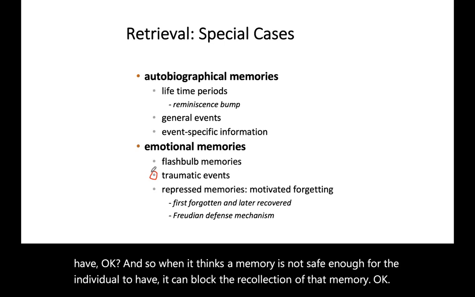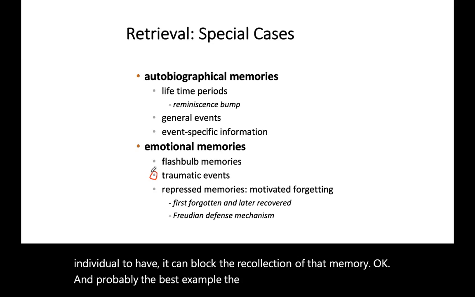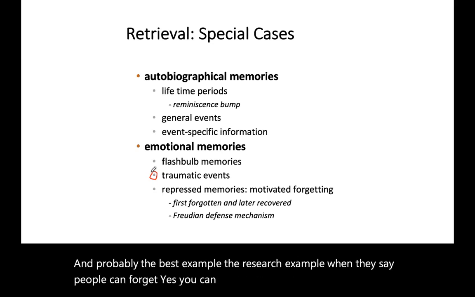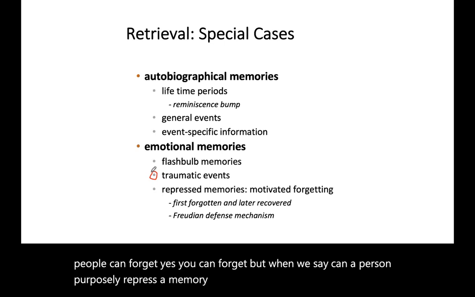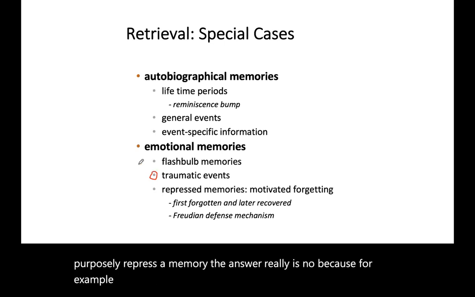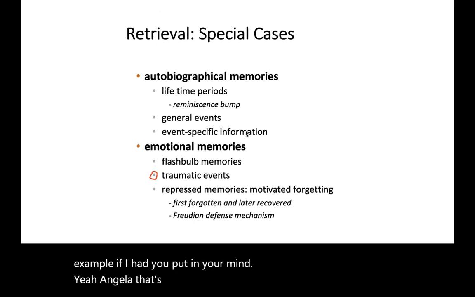And probably the best example, the research example, when they say, well, people can forget, yes, you can forget. But when we say, can a person purposely repress a memory? The answer really is no, because if, for example, I had you put in your mind, yeah, Angela, that's a very good example.